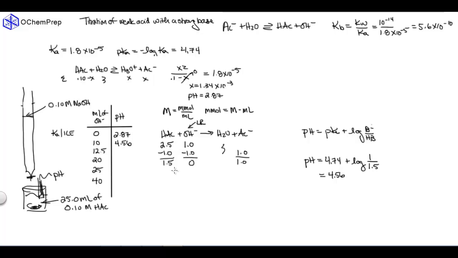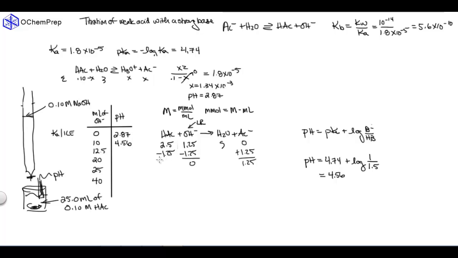Now, when we go to the next point at 12.5, we'll clean up our workspace right here. The only thing that doesn't change is the initial amount, because that's defined by how much we started with. We're going to be at 1.25, and then this will start at 0. We lose 1.25, still the limiting reactant, and then add 1.25. So this is what's called the half equivalence point.